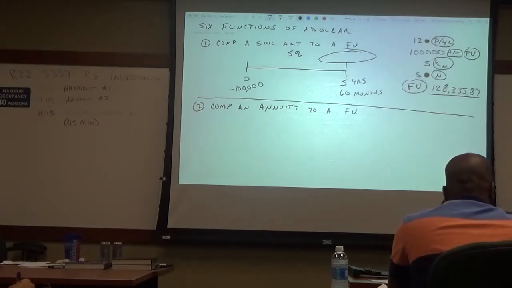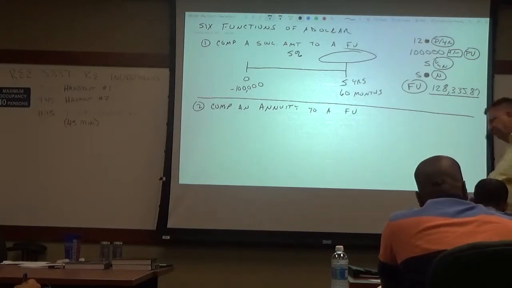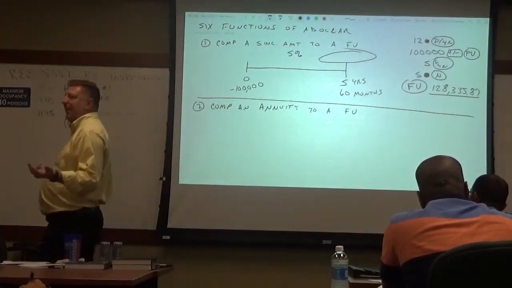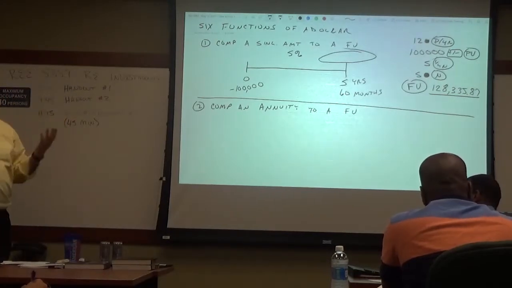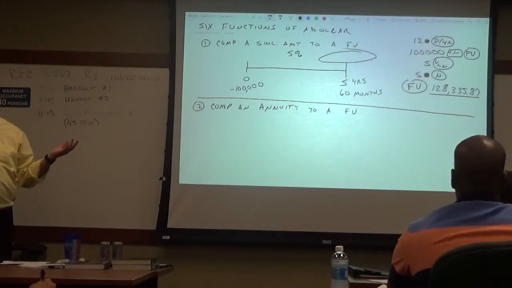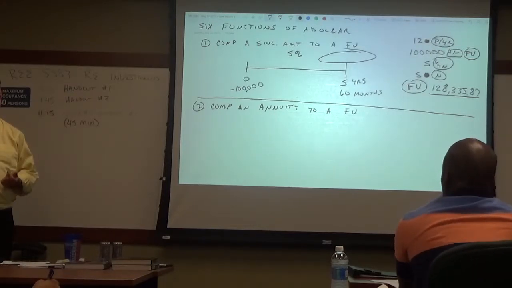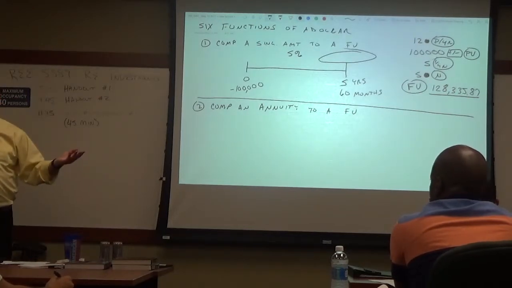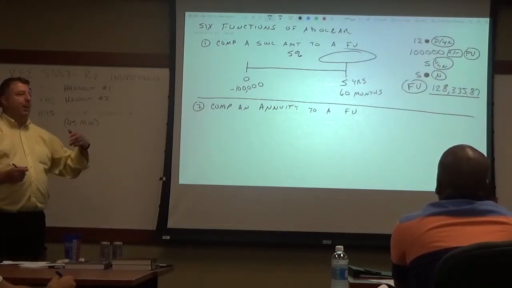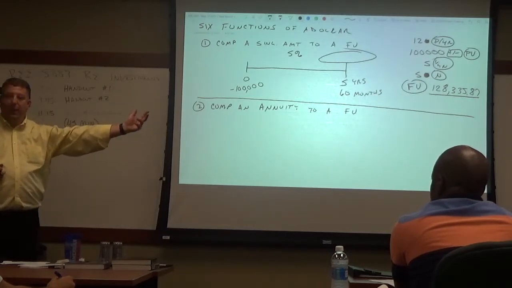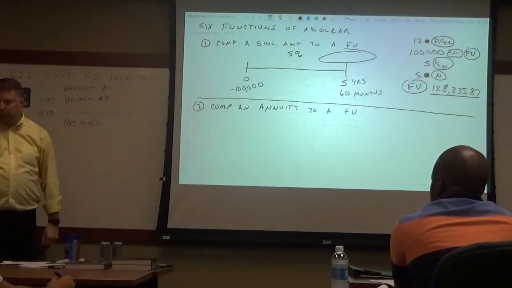All right? So you can look at a variety of different types of applications to this. It could be, I want to save some money, like a savings account. Or I want to set aside some money to buy a property. Or I want to set aside some money to be able to pay for something at some point in the future.